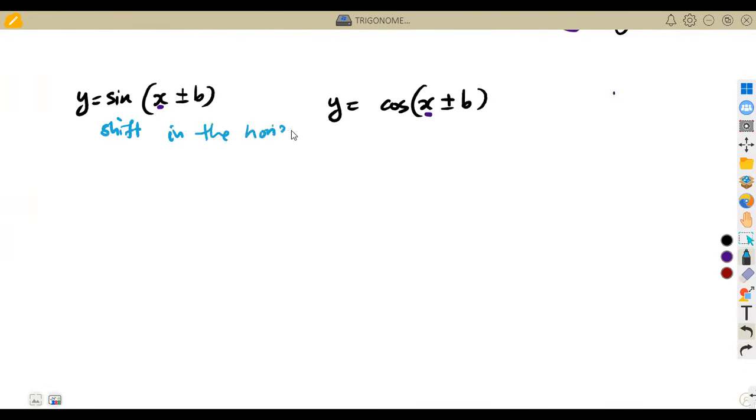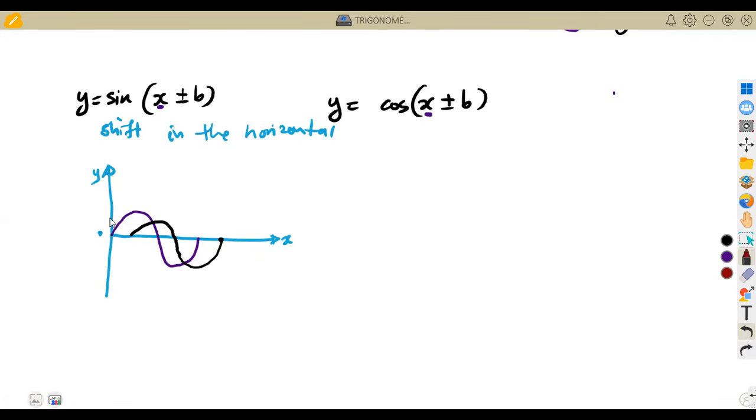So we are going to experience a shift in the horizontal, whereby what I'm trying to say is that if we're having our graph like this, I'm just going to explain from one graph, but the idea is the same for all of the graphs. Let's say we had originally our graph of y is equal to sine x like this. We are going to see that when an angle is being added or subtracted, our graph is going to shift, like maybe instead of starting at this point, we are going to have our graph starting at this point, going maybe something like this, and also not ending at 360, but ending at another point.